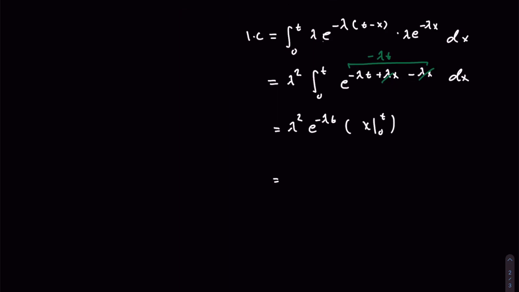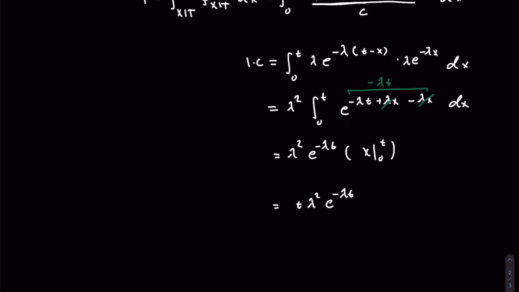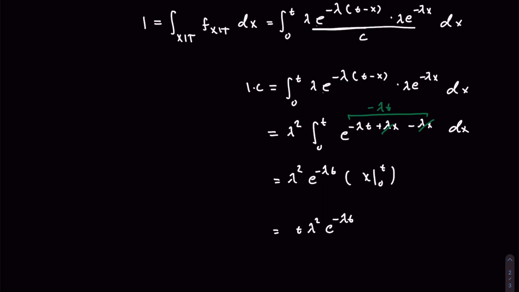That is just t, so lambda squared t e to the minus lambda t. And so basically the normalizing constant is this c here.